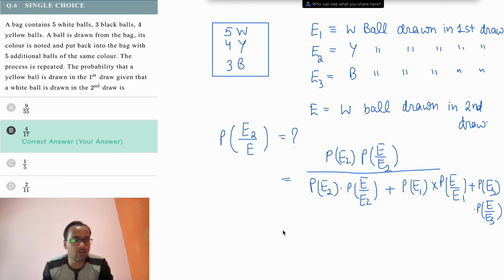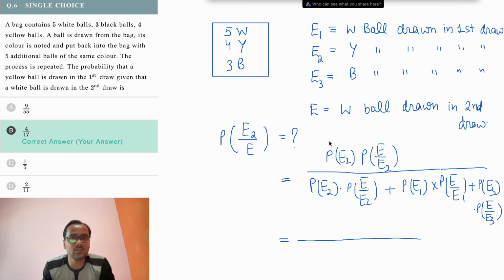So this is the basic concept of Bayes theorem. I hope you people know the concept. You know the formula for Bayes theorem. So we have to put the probabilities and we'll get the answer.